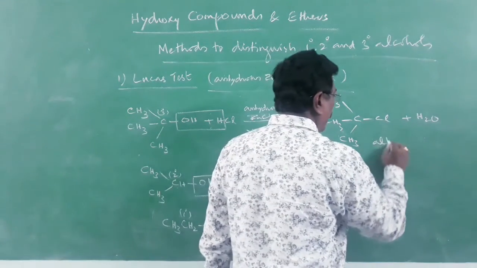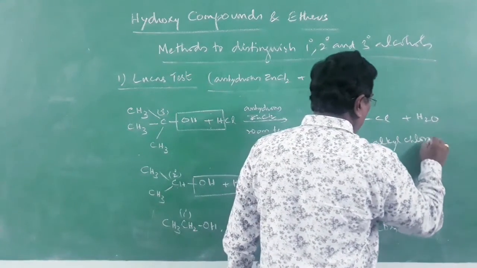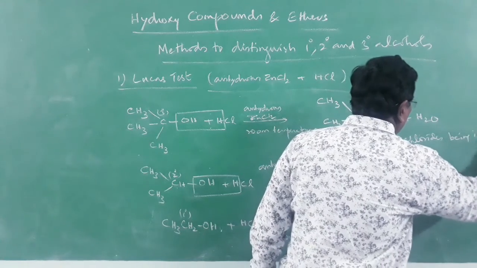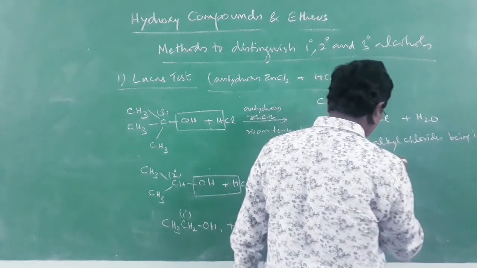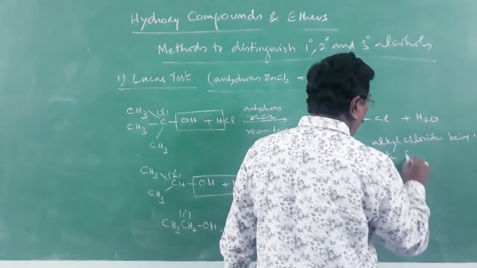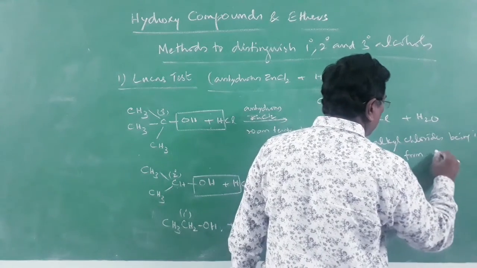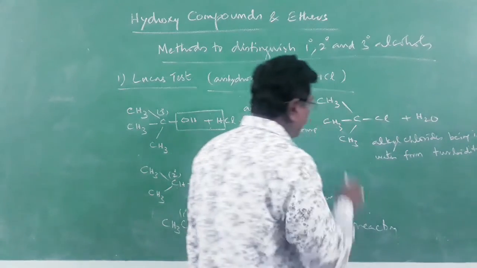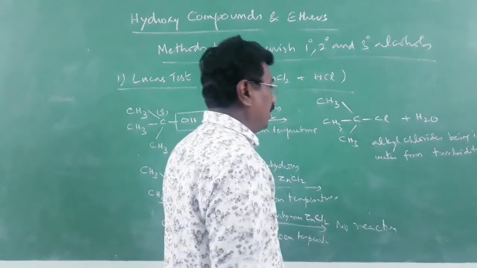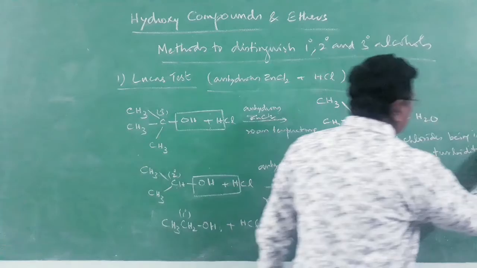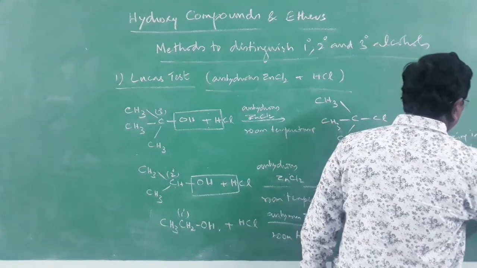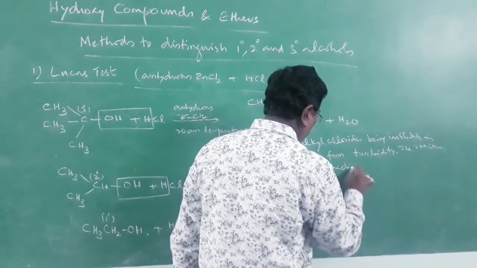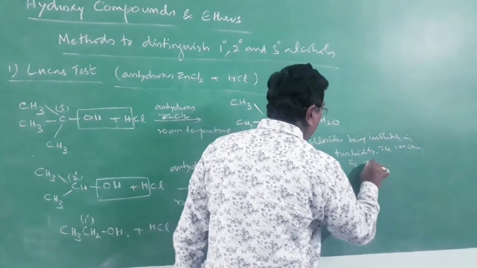So alkyl chloride, being insoluble in water, forms turbidity. Here the reaction is immediate, therefore immediate turbidity.